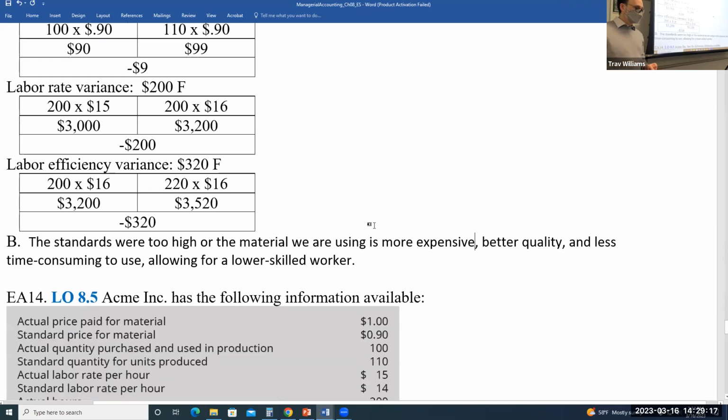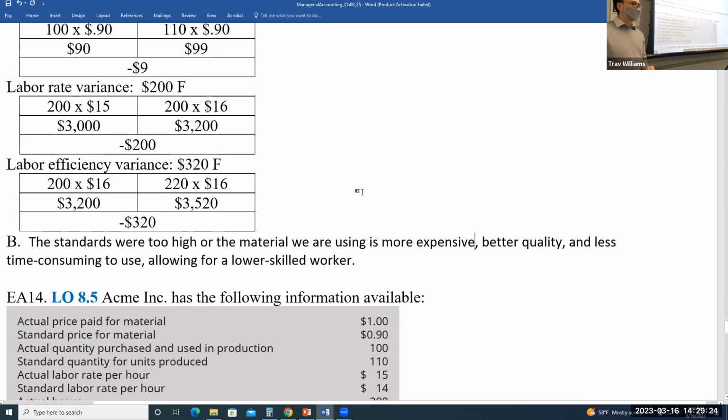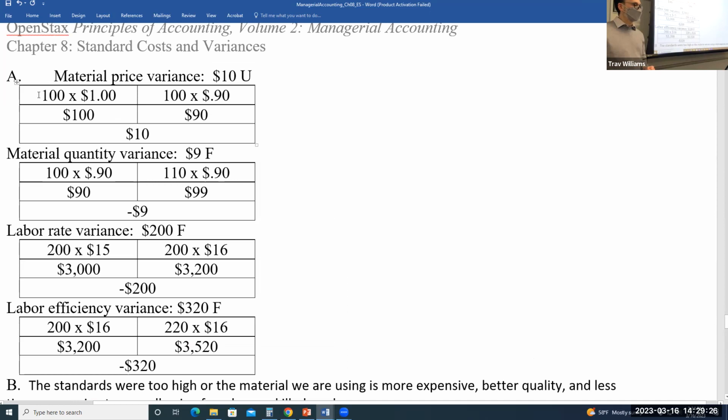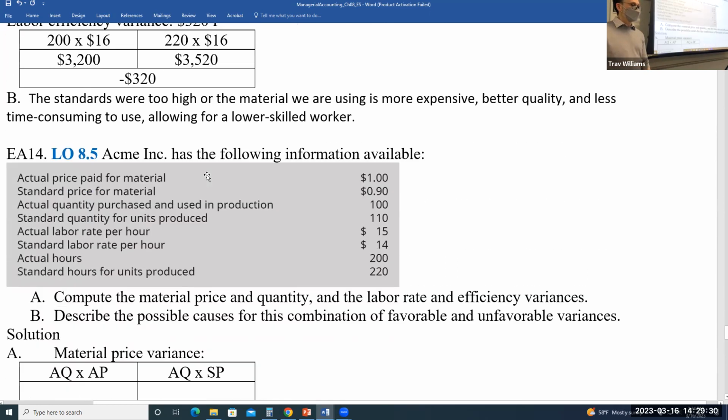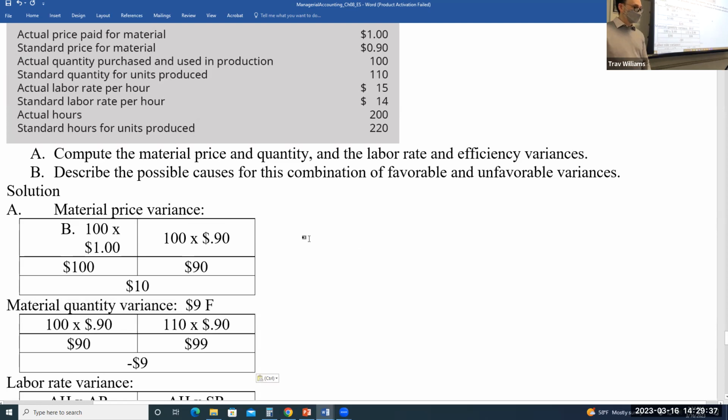Again, this one's similar. The thing that's changing here is the standard labor rate per hour. So the materials part is exactly the same as what we just did. If you want to do a copy paste, you're able to. Let's see if it works here. Can be a little tricky sometimes in a Word document.